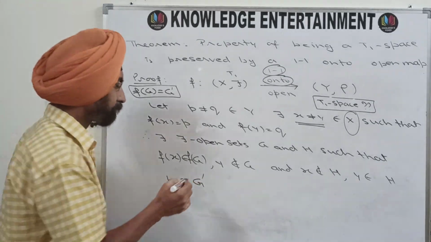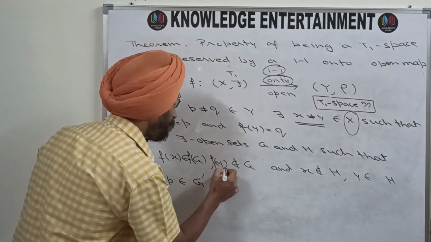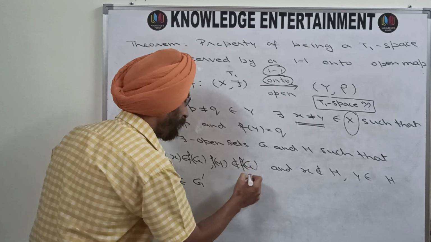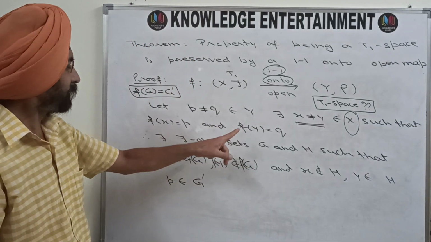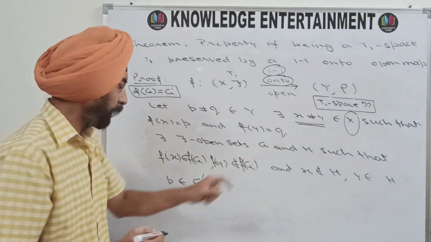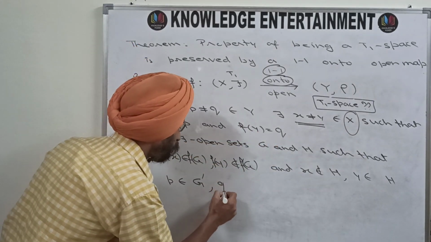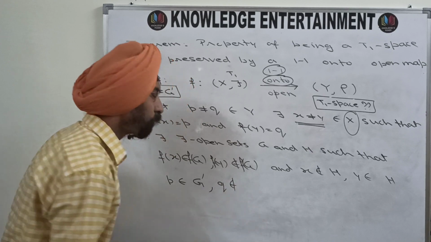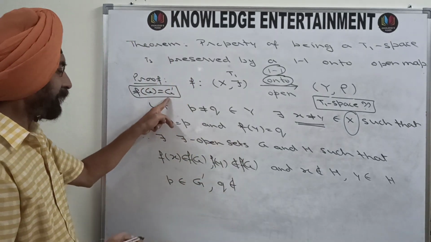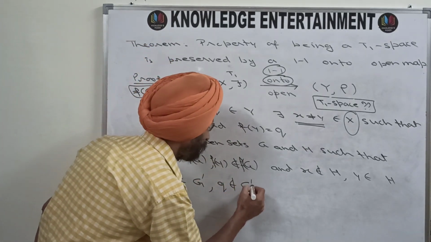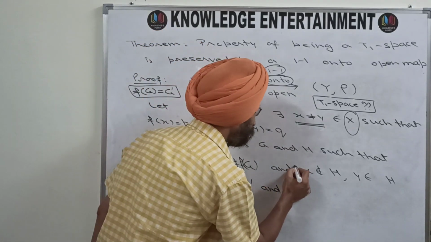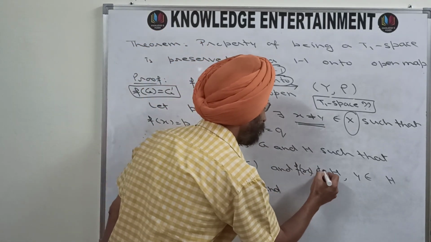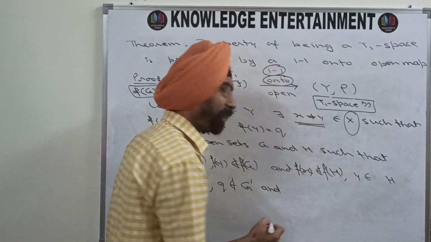Again, f of Y is not in f of G. F of Y is your Q. So Q does not belong to f of G, which is G dash.